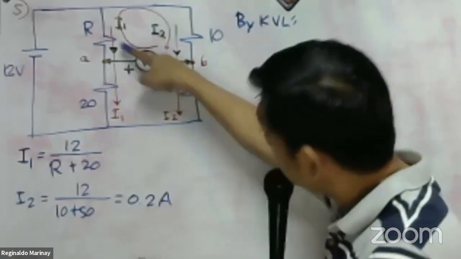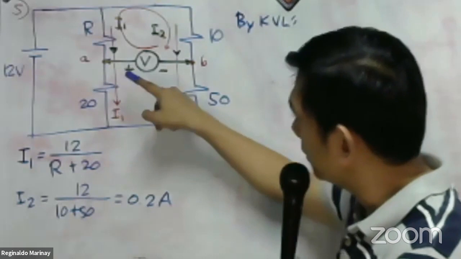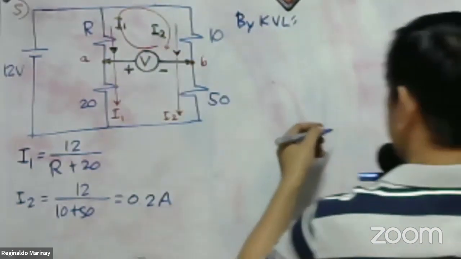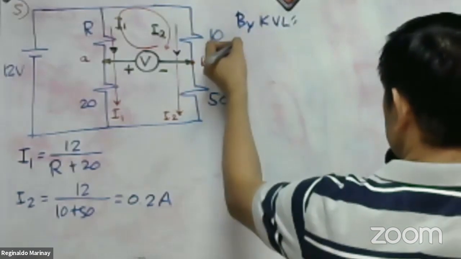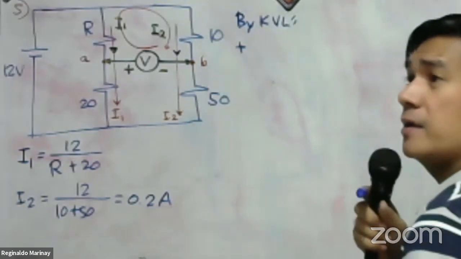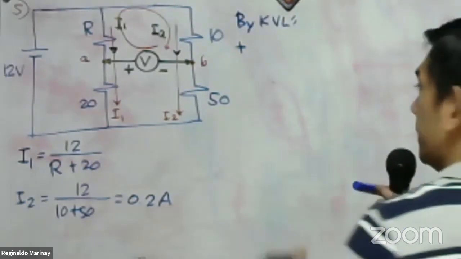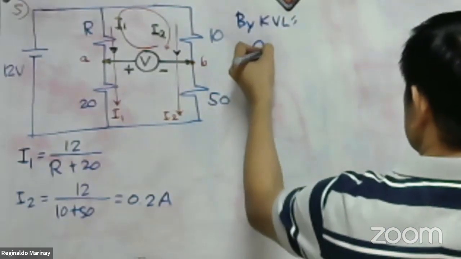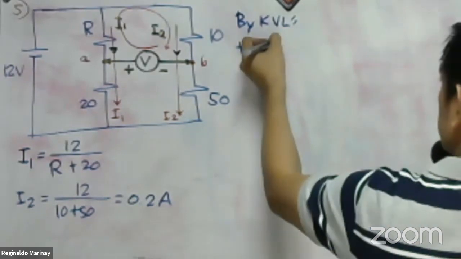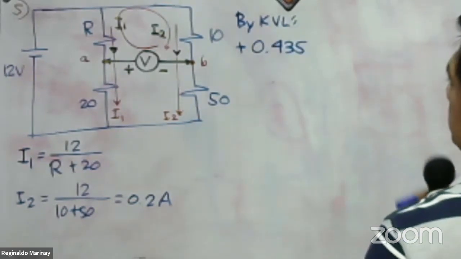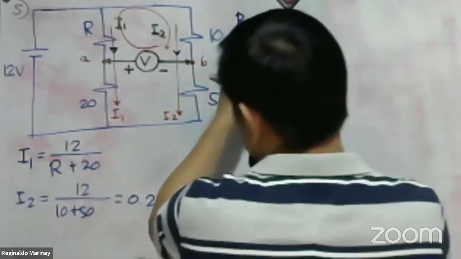It leaves on the positive terminal of the voltmeter. So therefore, that is positive V. Anyway, we have already a value of positive 0.435 volt. That is positive.